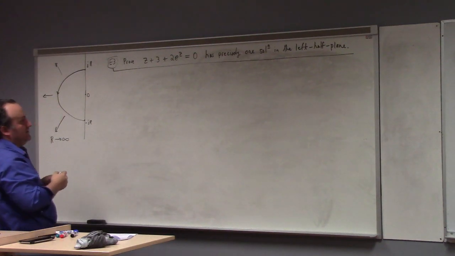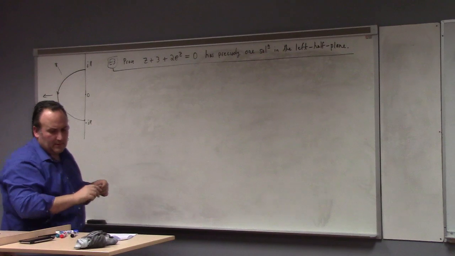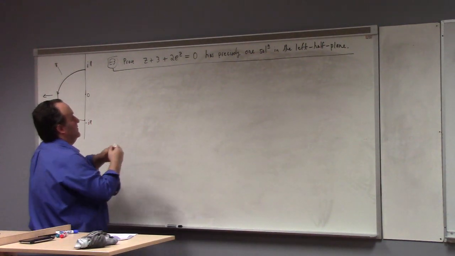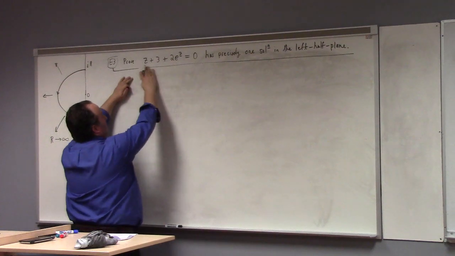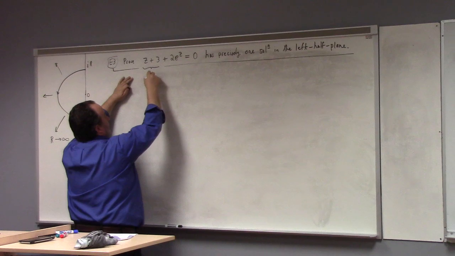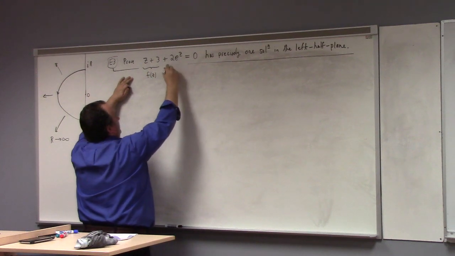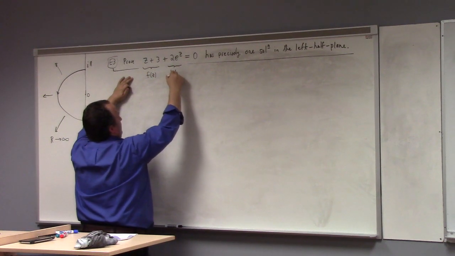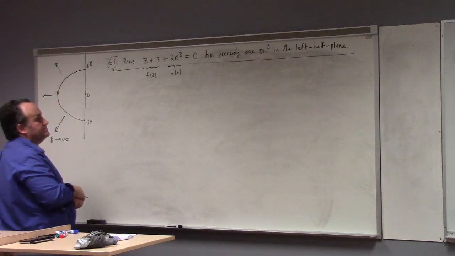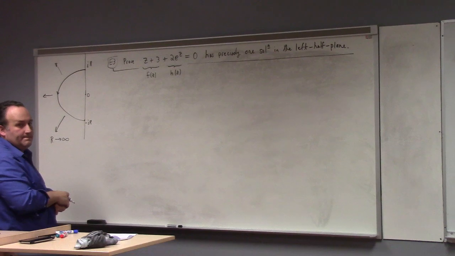So as you look at the given expression, for Rouche's theorem we're going to think of this piece right here as the f of z, and we're going to think of this piece over here as the h of z. Okay?